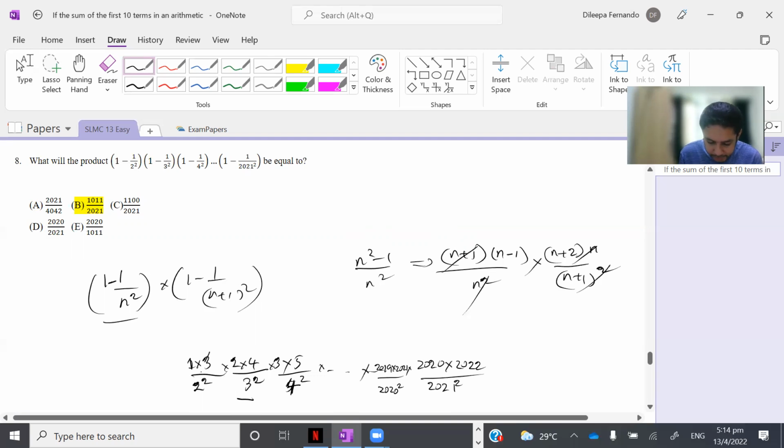So 1 times 3 is simplified with the previous term and another 3 is simplified with the next term. I can see this happens for all the terms except a few. So 2020 squared is also cancelled out, and 2019, 2021 is cancelled out.